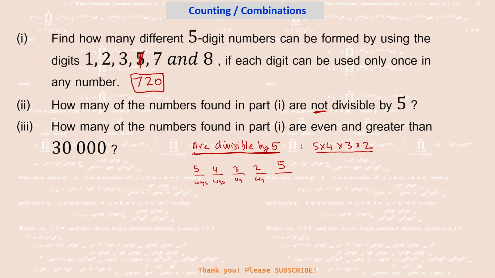So that is 20 times 6, that is 120. So not divisible by 5, as the question is asking, that would be 720 minus 120, that is 600. So the answer to part 2 is 600.